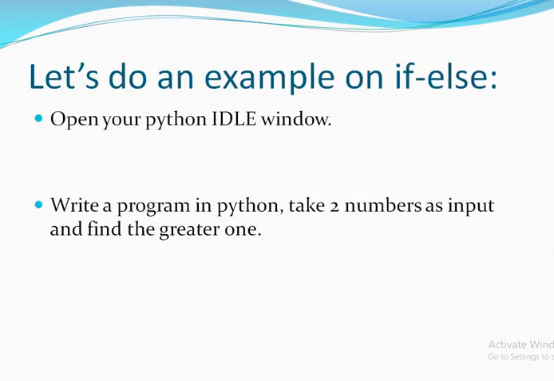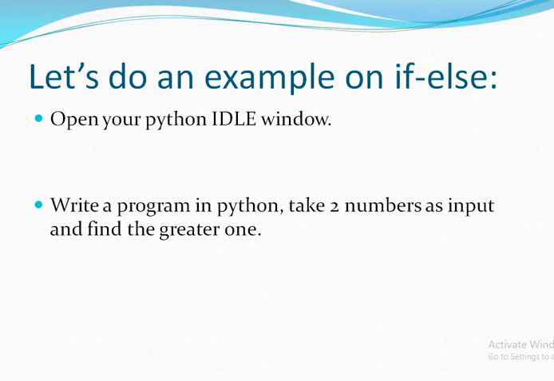Now let's do an example. Before doing the example, we have to open our IDLE window in Python, and then make a program in Python that will take two numbers from the user and find the greater number among those two numbers. That's a very easy program.